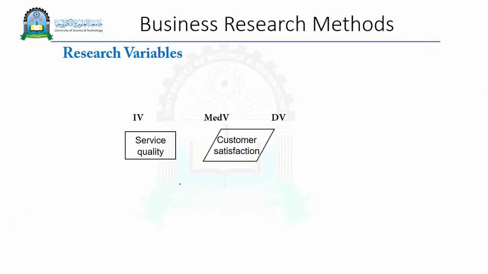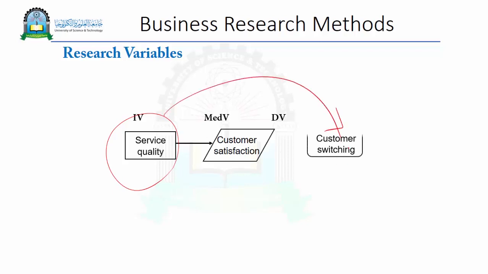If the service quality is going to affect the customer switching, this effect is going to pass through the customer satisfaction. When the service quality is high, customer switching needs customer satisfaction to connect between service quality and customer switching.